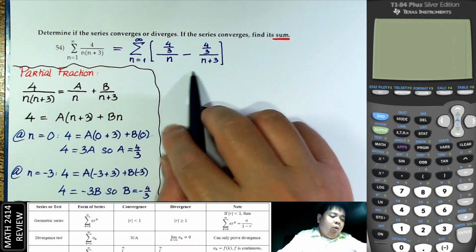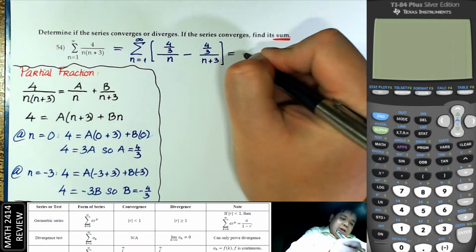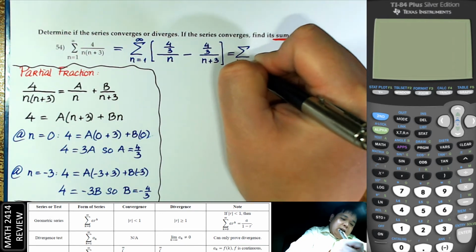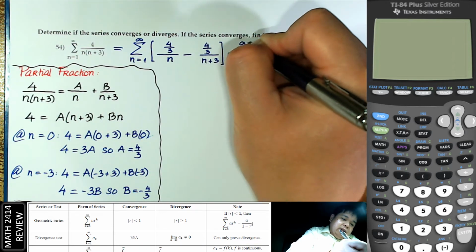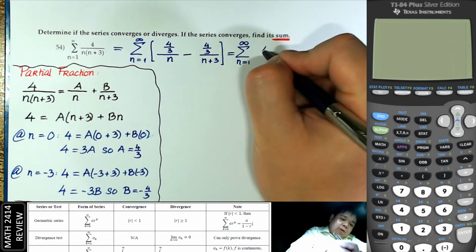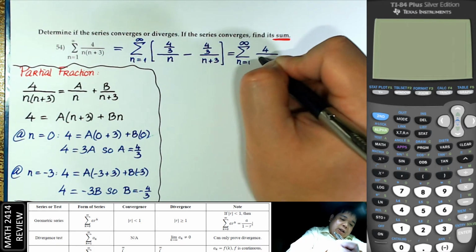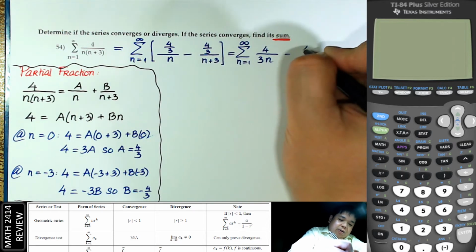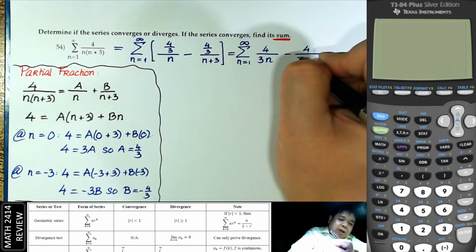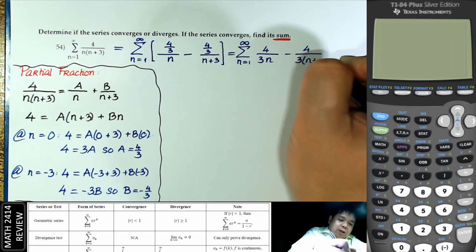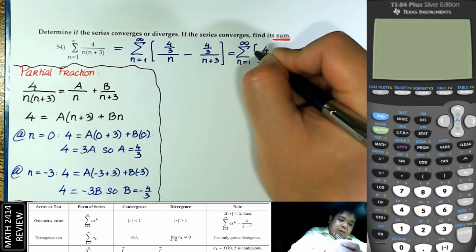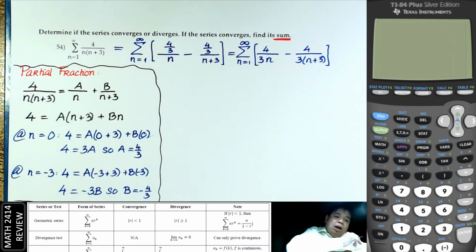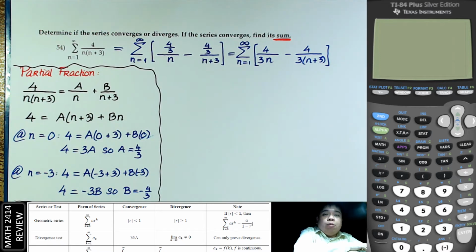Write that over 1 multiplied by the reciprocal, so we can say the sum from 1 to infinity of 4 over 3 times n minus 4 over 3 times n plus 3. Right, so that's the telescoping series, which is 1 positive, 1 negative.